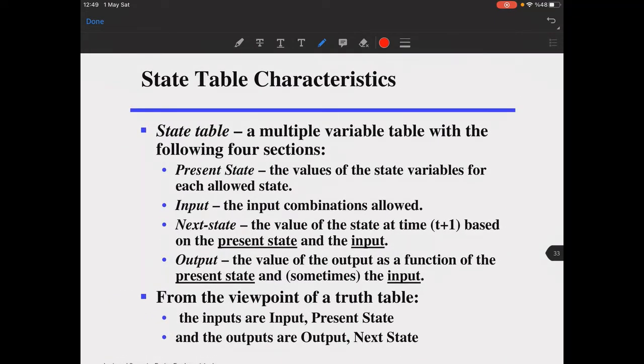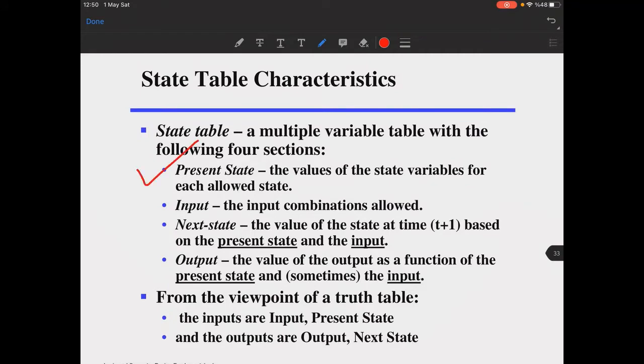So the state table is what we need here. Instead of a truth table, we will have a state table. It's pretty similar to the truth table that we discussed in the combinational logic part, but this is what we need here. It's a multiple variable table with four sections.